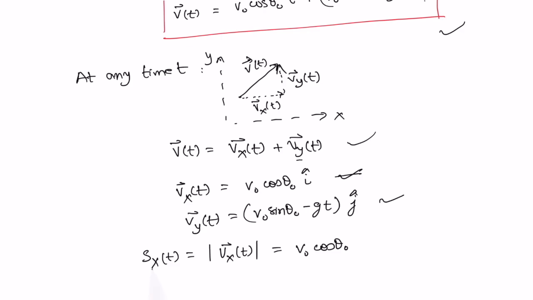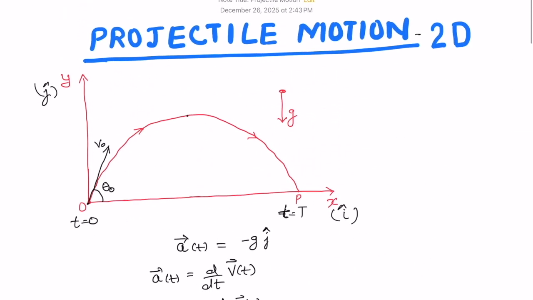So we can see that speed in the x direction does not vary with time, which is intuitively true as well, because we said that in our assumptions there is no force considered in the horizontal direction. So the initial speed in the x direction, which is v naught cos theta naught, stays the speed in the x direction throughout the flight of the projectile.